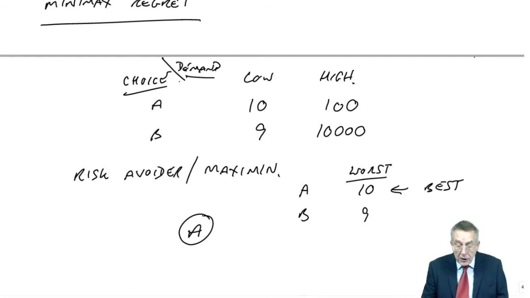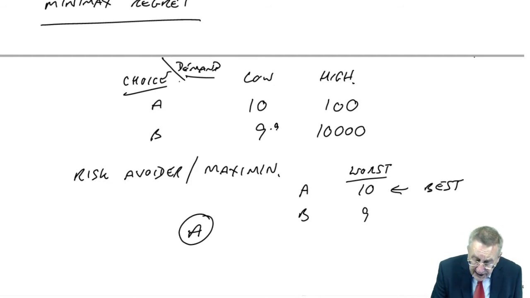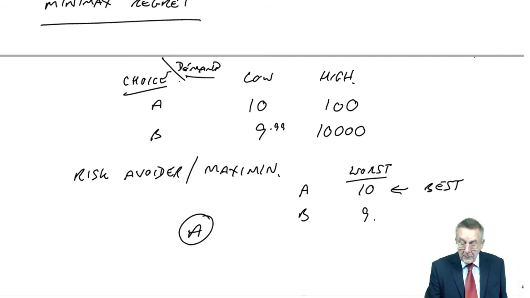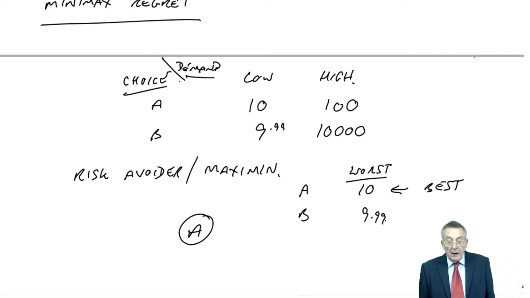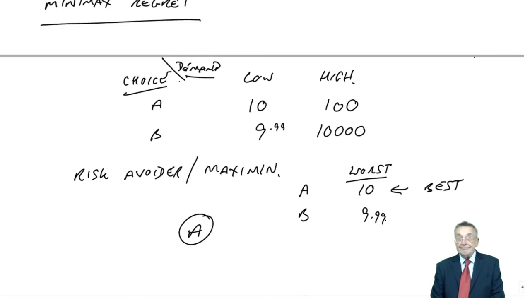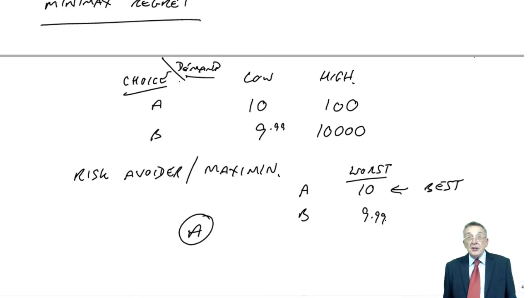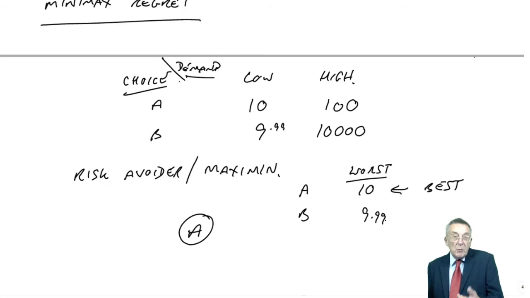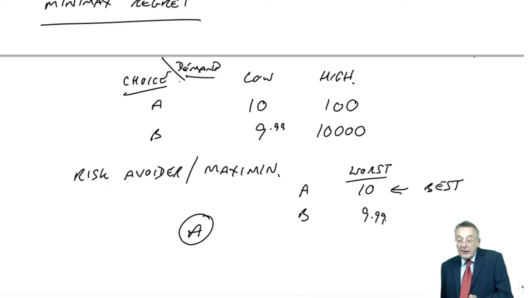Or make it more extreme. Suppose B gave $9.99. On Maximin, you'd still pick A. We're going to get at least 10. Well, I'm sorry, I think just about anybody would rather go for B. They're prepared to risk losing 1 cent when they've the chance of getting so much extra.